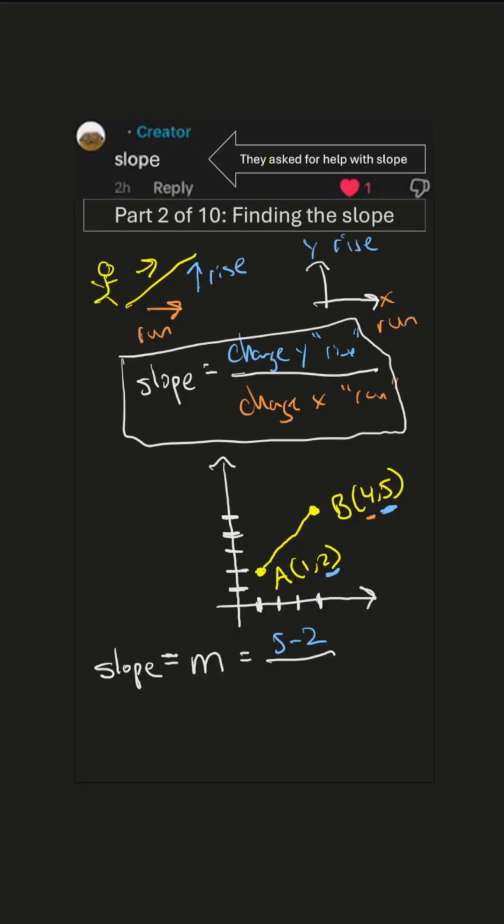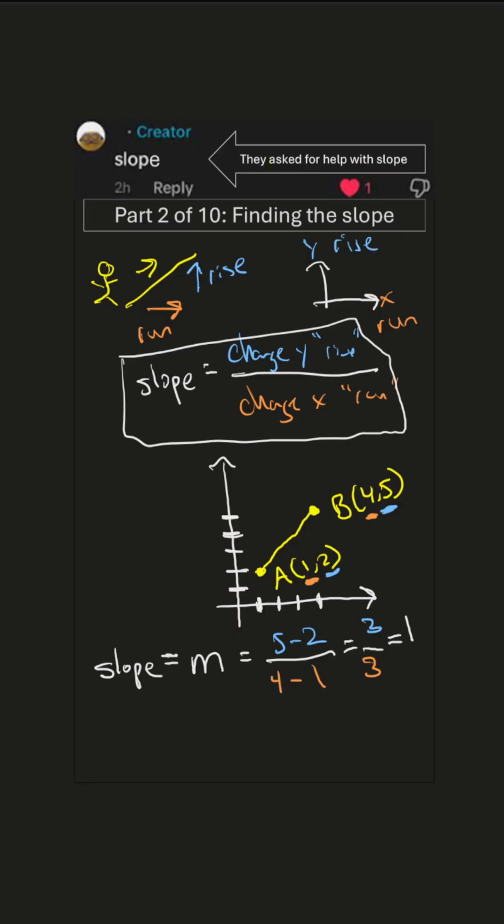B has an x value of 4. A has an x value of 1. So 4 minus 1. Let's see, 5 minus 2 is 3. And 4 minus 1 is also 3. And 3 divided by 3 equals 1. So the slope is 1.